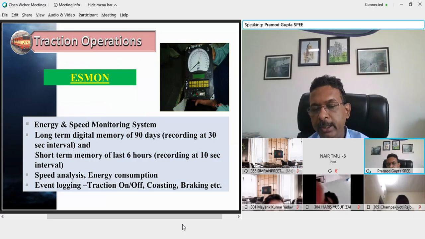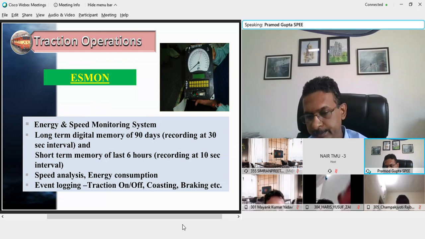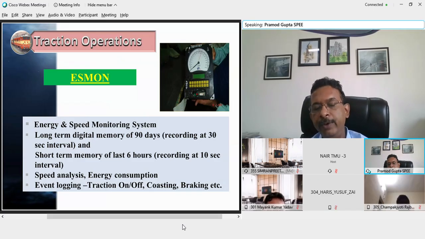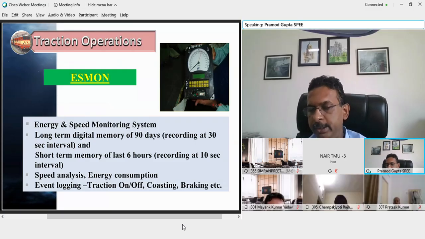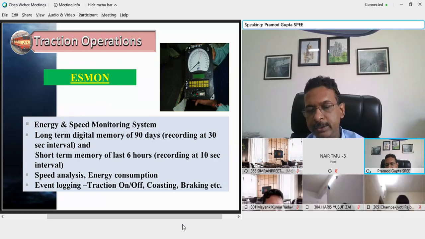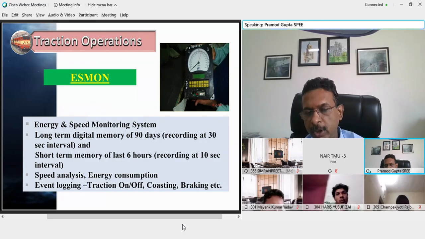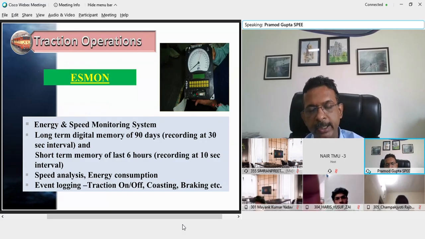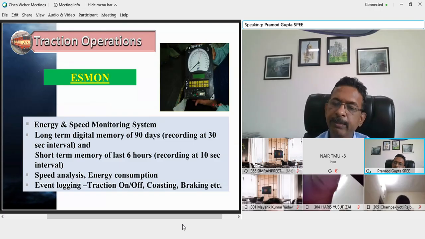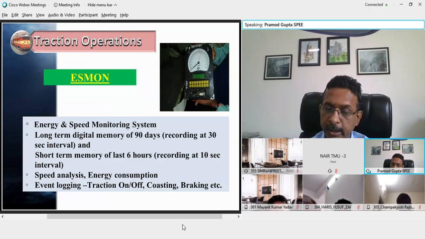So we simulate the energy consumption which should be consumed under ideal conditions, and the ideal conditions are never there in the section because we have different speed restrictions in the section for different reasons. Whenever we have speed restrictions where the train has to stop or reduce speed and accelerate, or if the number of alarm pulling incidents is high, the train loses speed and has to regain it. So energy consumption will be high.